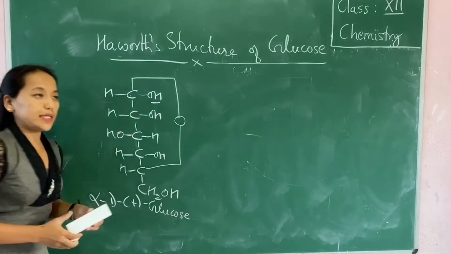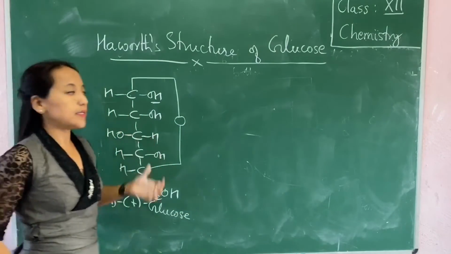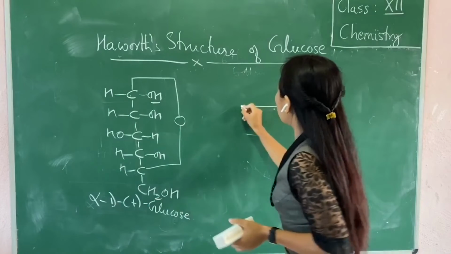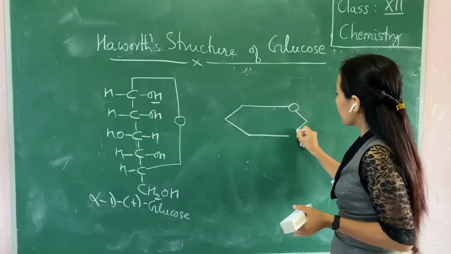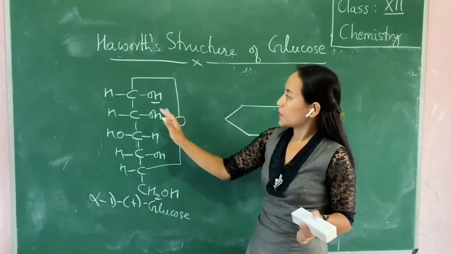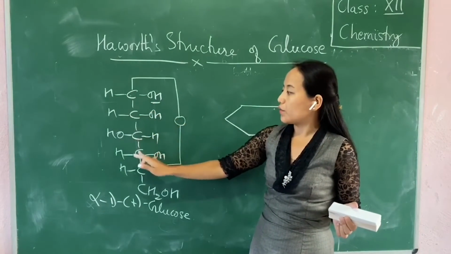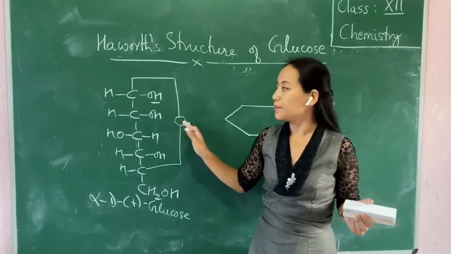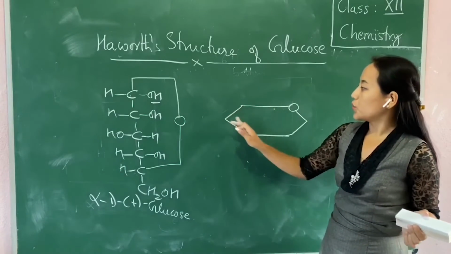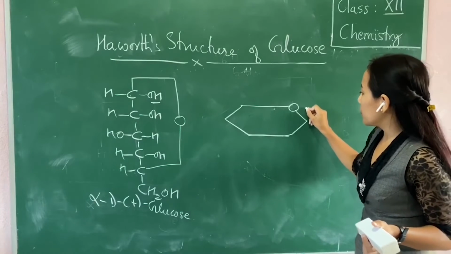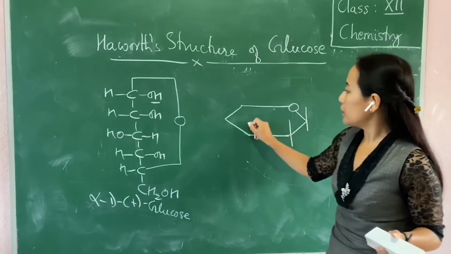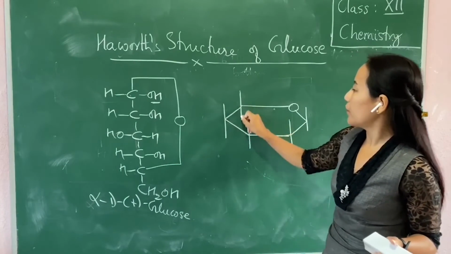Now if you want to write the Haworth structure for this, again this consists of a 6-membered ring, 1, 2, 3, 4, 5, and 1 oxygen atom. So this carbon is your first carbon, second carbon, third carbon, fourth, and the fifth carbon.